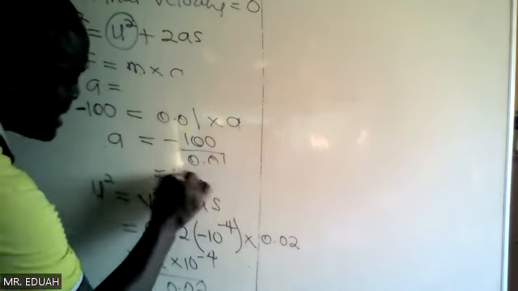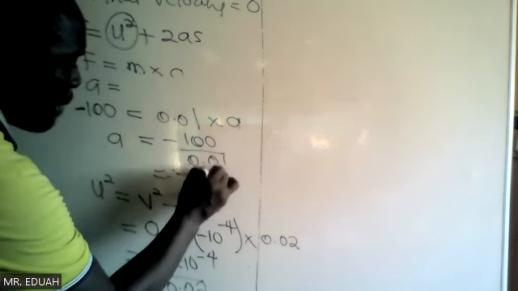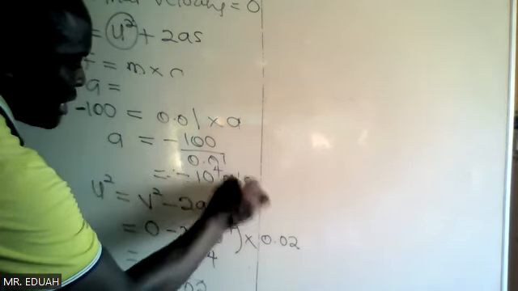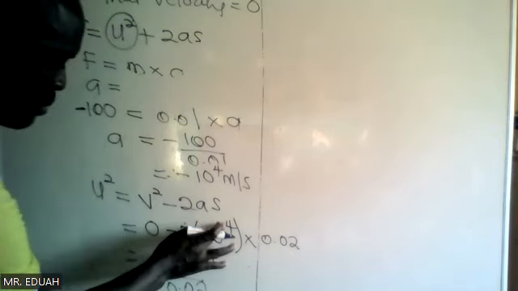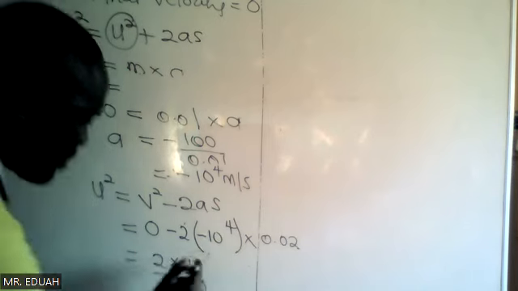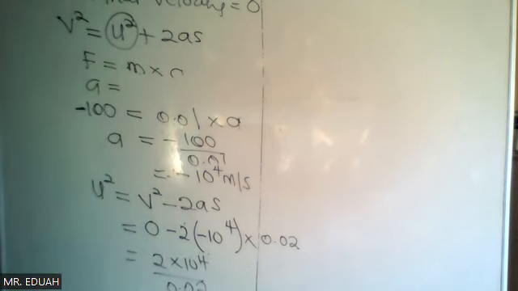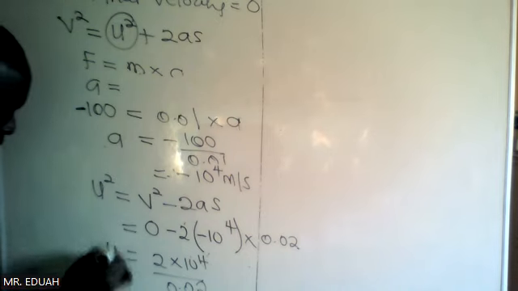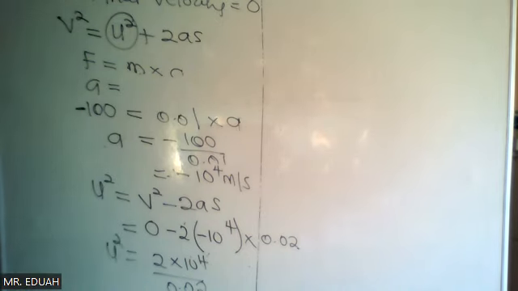This should be minus 10 to the power 4 rather, meter per second squared. And so we have 2 times 10 to the power 4 divided by 0.02. What did you get for that? 20,000 divided by 0.02. 1 million.